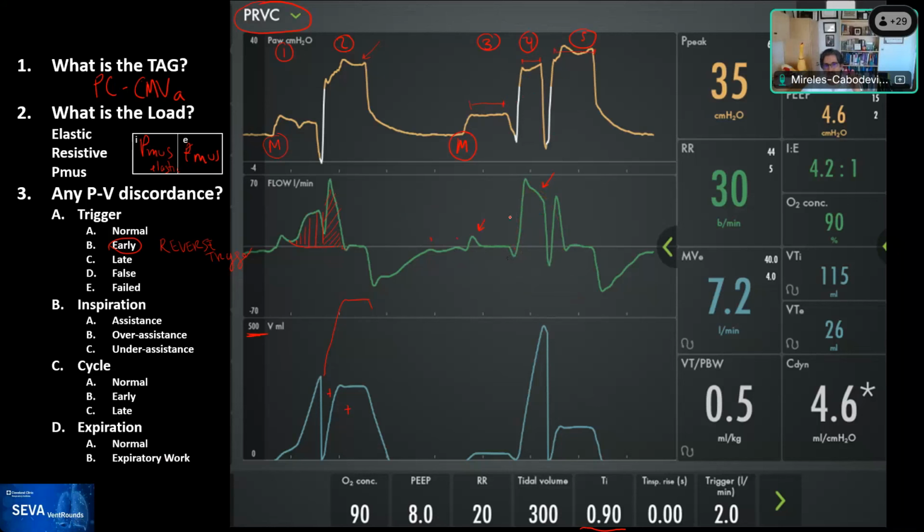When they created this, they made a rule in which they said if the tidal volume that the patient generates during the mandatory breath during the PRVC is, I believe, 1.5 times the tidal volume that you set, meaning that if it's 450, then it will cycle off the breath.